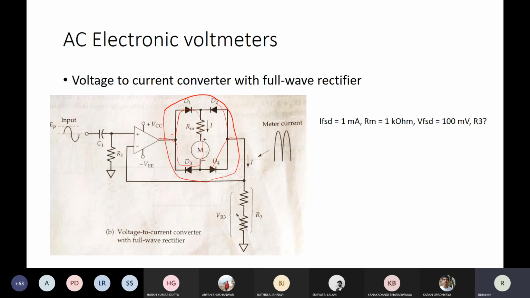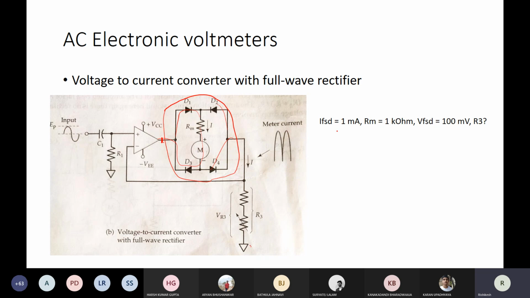Because in the positive cycle, this node, the output of the op amp, is at higher potential in comparison to the common terminal. That's why these diodes are forward biased. Whereas in the negative cycle it is at lower potential than the common terminal, so the current direction will change. But the current direction will remain the same for your meter. The current direction will not change for the meter. But how much is the current flowing?